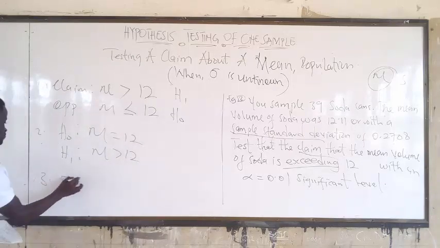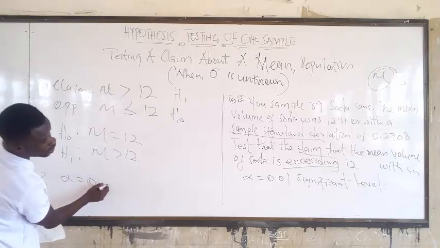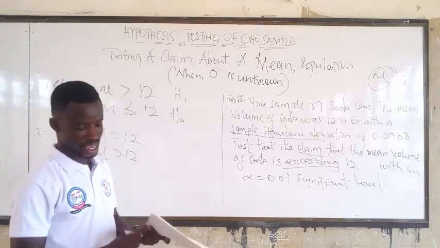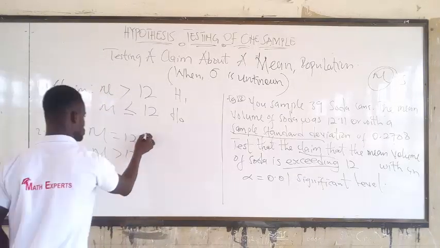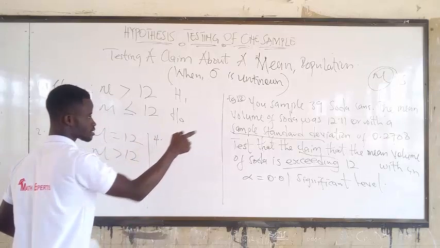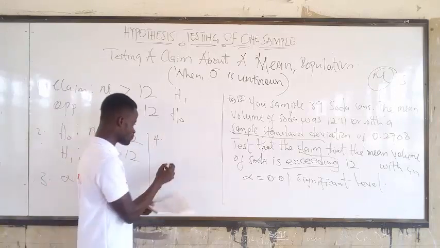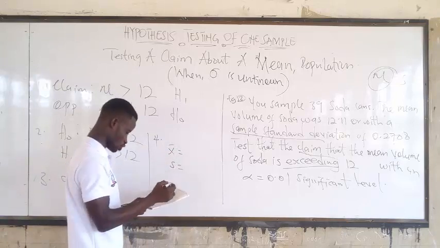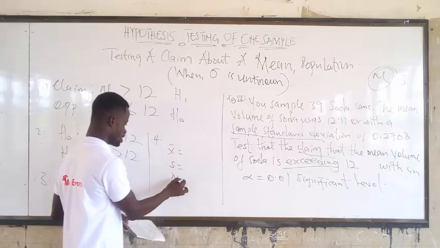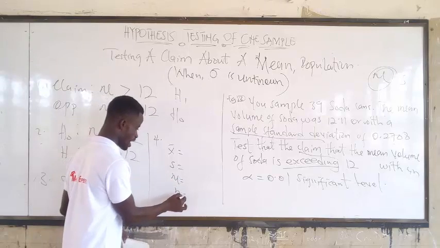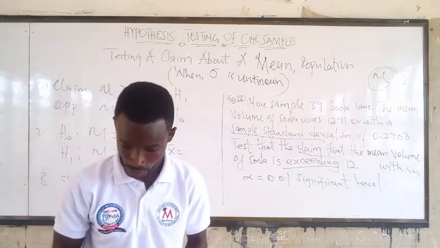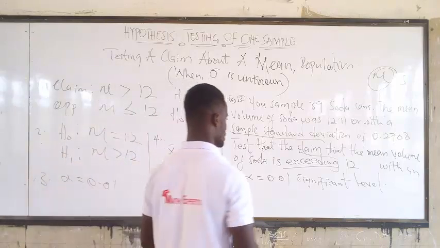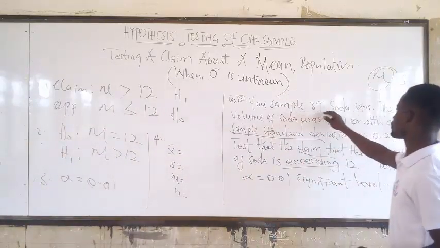The third stage is to identify your alpha, which is 0.01. Beautiful. Alright. The fourth stage is for us to identify our s, the sample standard deviation, and our mean, and also the n. So back to the question. You sample 39.